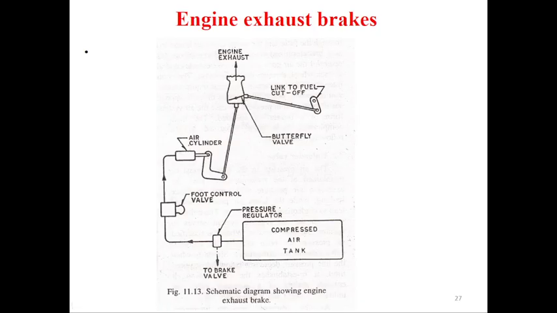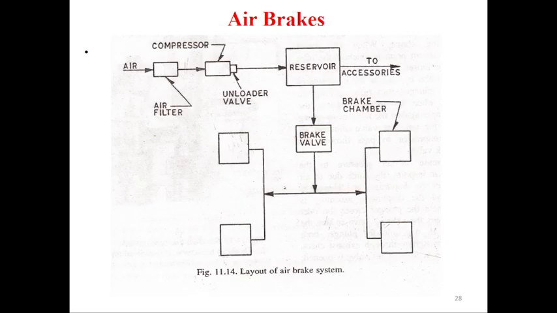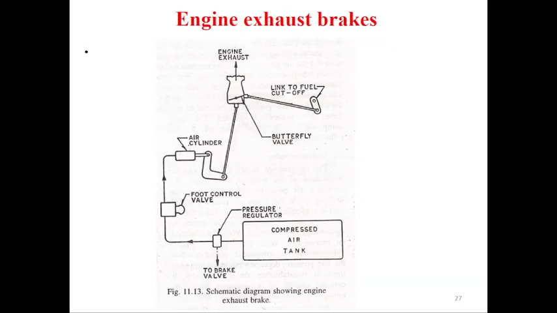Then the engine exhaust brake. This engine exhaust brake is considered like an air brake with an air compressor. This is an air brake example, and similarly we can apply the engine exhaust brake. What happens here? The air compressor tank is at the bottom side and generates compressed air. This compressed air is regulated with the help of the pressure regulator.